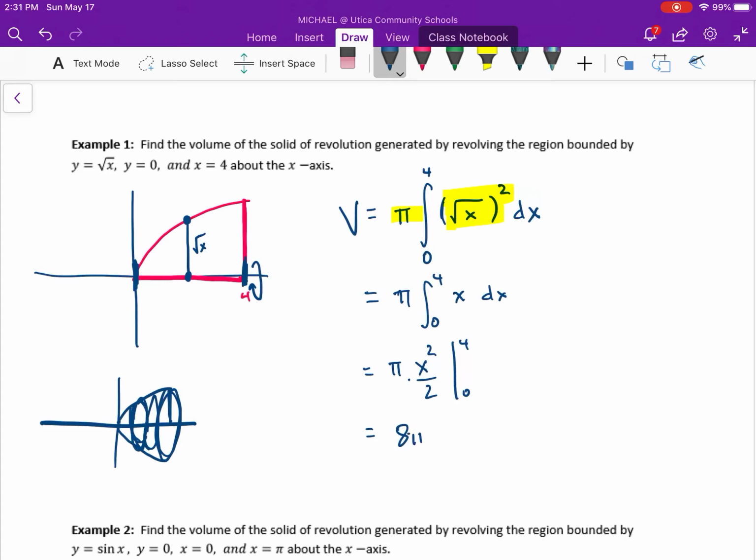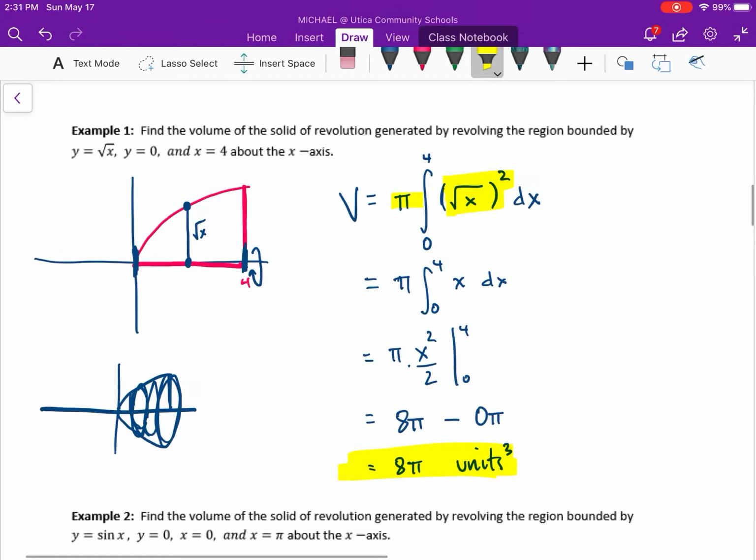So let's go ahead and plug in a 4. When I plug in a 4, I get 16 pi over 2, or 8 pi, minus, and when I plug in a 0, I get 0 pi. So my answer is 8 pi, and then since this is volume, we're going to be looking at cubic units. So that is how you would do that problem.